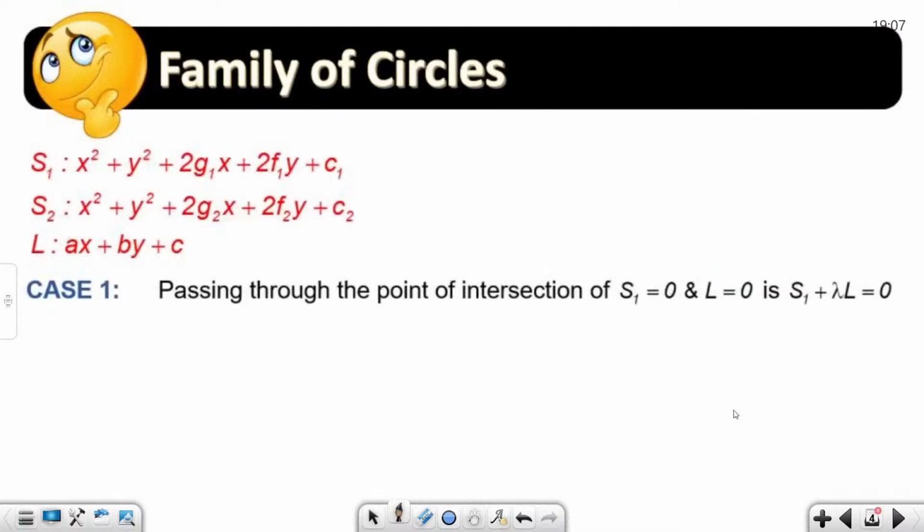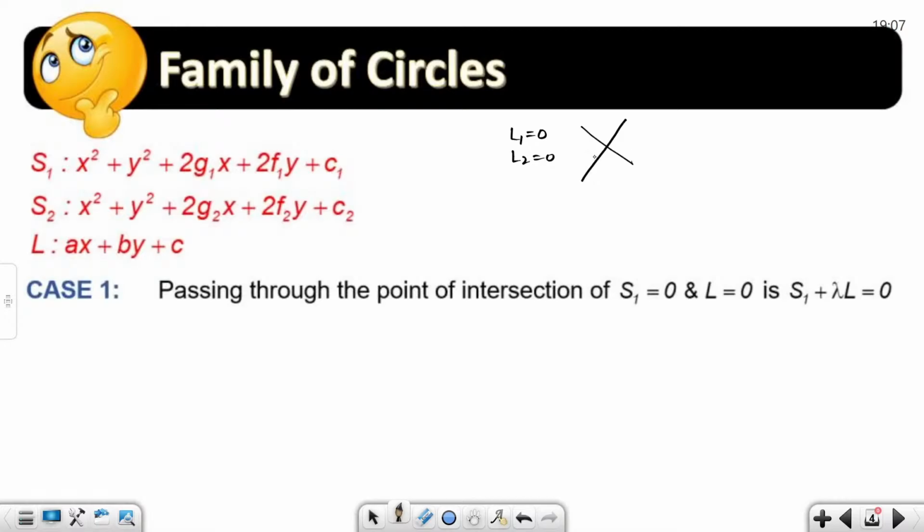Today's topic is what is called family of circles. See, it's the same thing as in the case of straight lines. What we have learned, suppose we have given you two lines, L1 equals to 0 and L2 equals to 0. Now, these are the two intersecting lines.